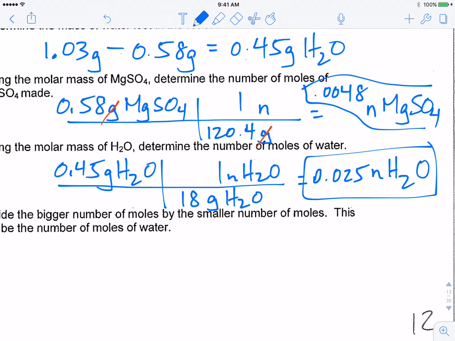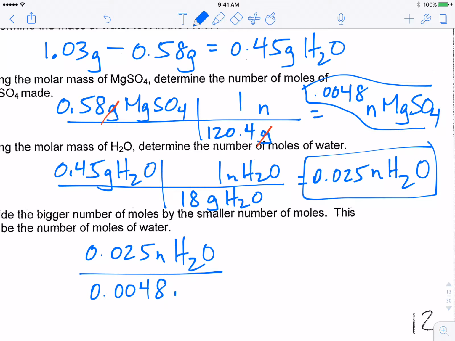So what we're going to do with these two numbers that we calculated is compare the mole ratio. We're going to take our bigger number of moles divided by our smaller number of moles. Our bigger number of moles is 0.025 moles of water, and we're going to divide that by our smaller number of moles, which is our moles of MgSO4.